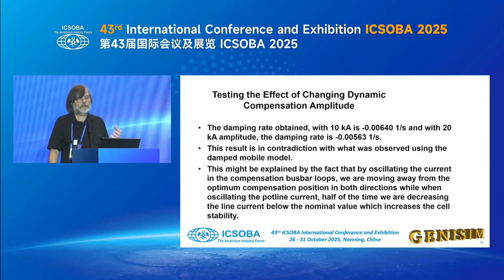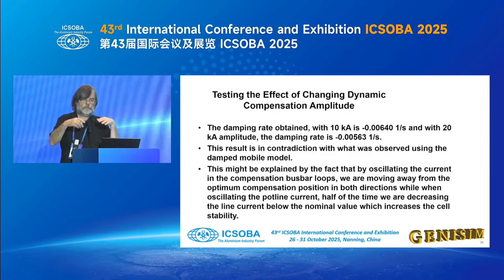This is in contradiction with the mobile model, but my explanation is the mobile was studying a fluctuation of the current density, so the line current, and when you go lower, you stabilize your cell. When you go higher, you destabilize. But on average, the fluctuation improves the stability.